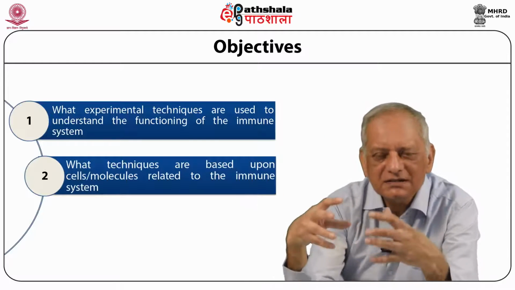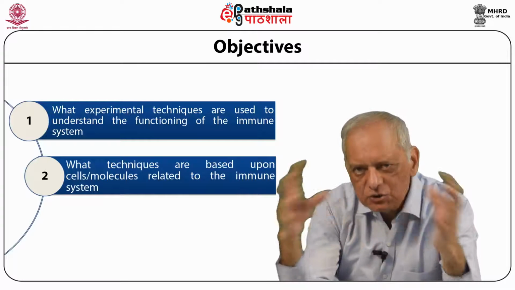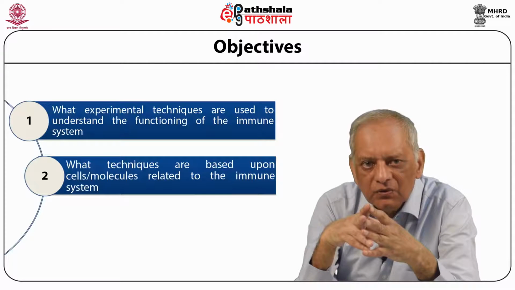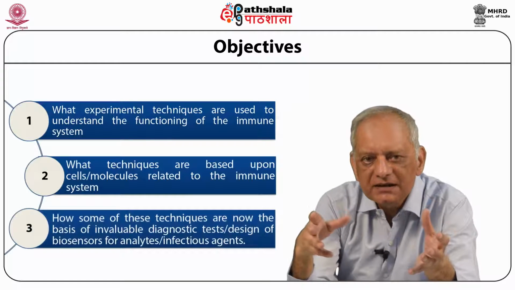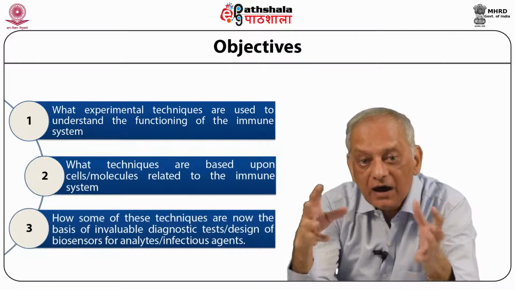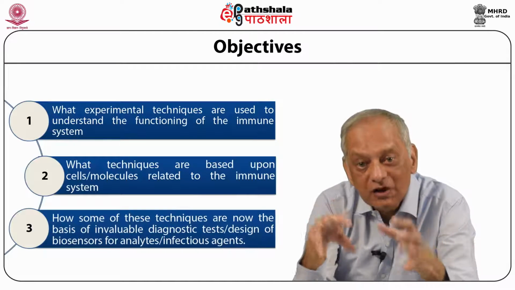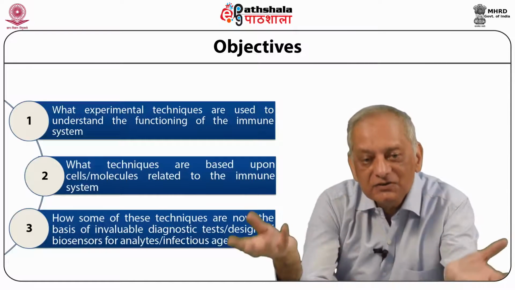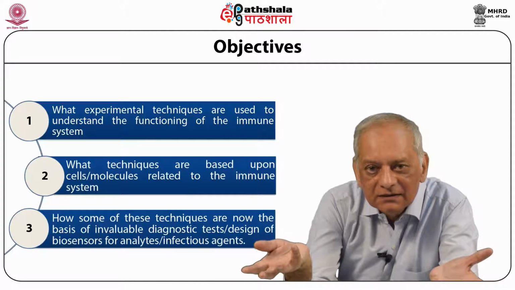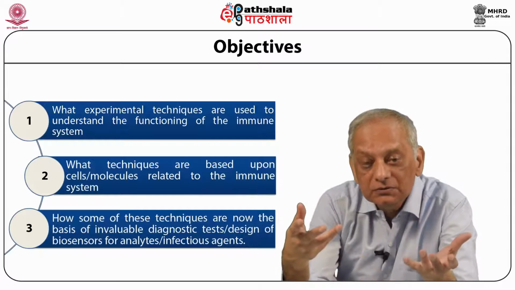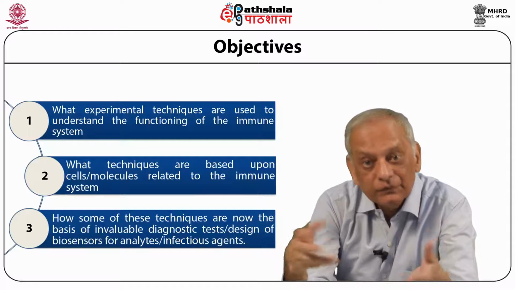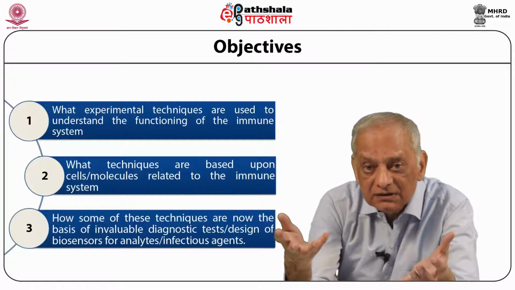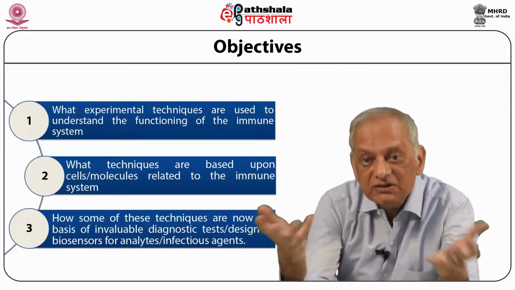So we'll try to understand that there are these two aspects of the immunochemical techniques. How some of these techniques are now the basis of invaluable diagnostic tests, design of biosensors for analytes, and to be able to detect, in many cases in a fairly quantitative fashion even, the presence of infectious agents.